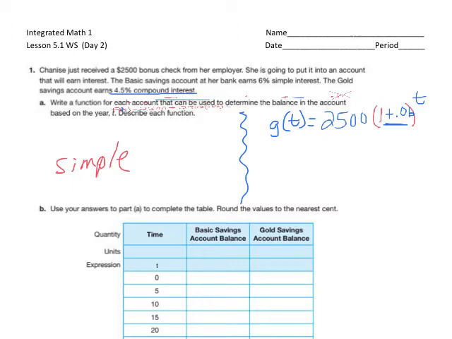You can just say it's 2,500 times 1.06 to the t, and that would be your function for compound interest.